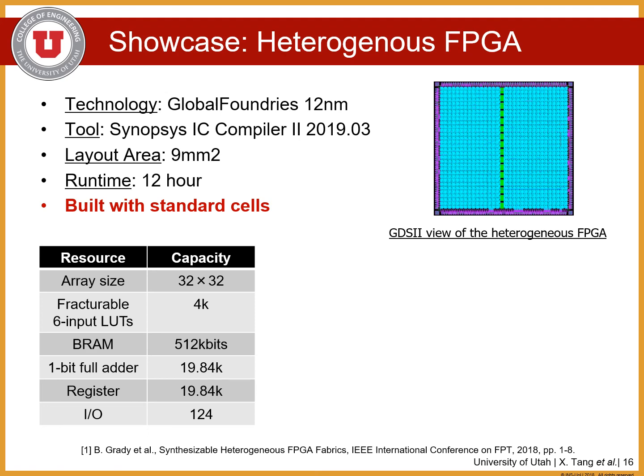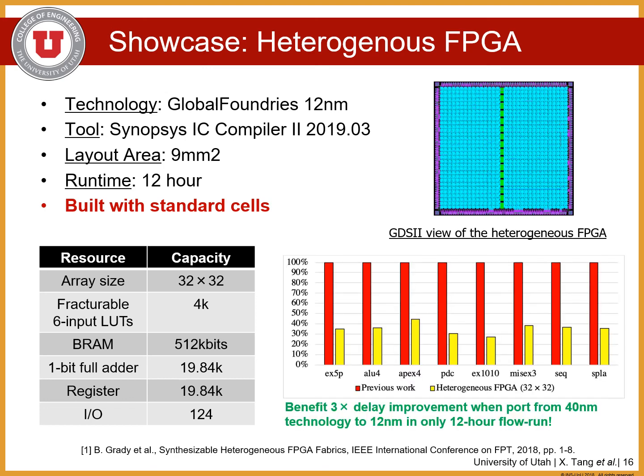I would like to highlight this FPGA is built purely with standard cells. It means you can instantly benefit from, like, 3 times delay improvement in this case when porting from a technology node to a more advanced technology node with very few manual efforts on your FPGA architecture tuning.